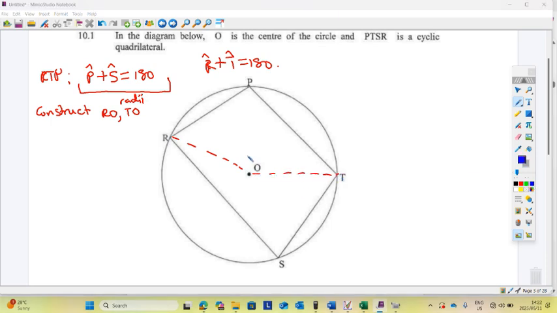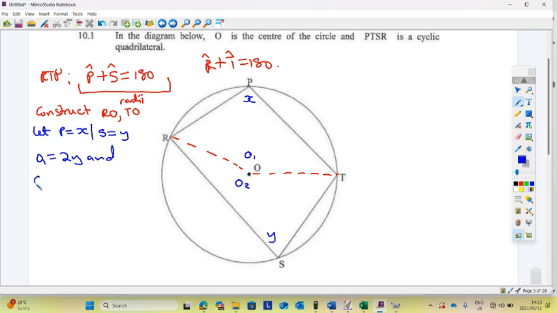And then from there, we have O1 on this side, we have O2 on this side, and let P be equal to X and S be equal to Y. So this is your X and this is your Y. And from what we have in the diagram, we know that your O1, this is our O1 here on top, is equal to 2Y.